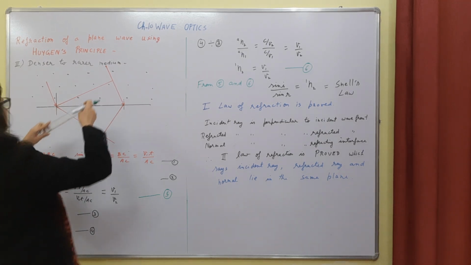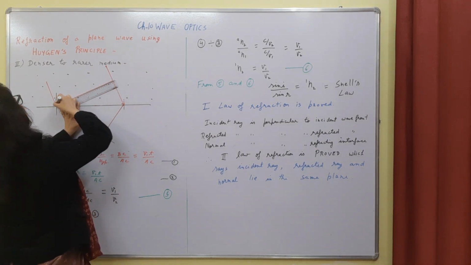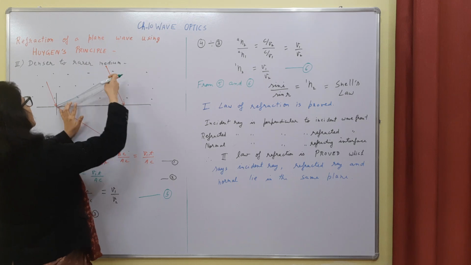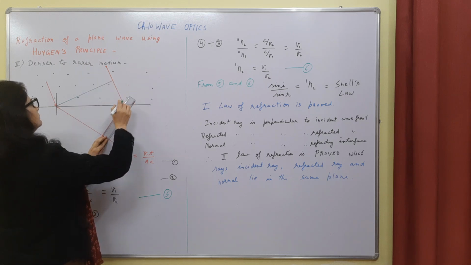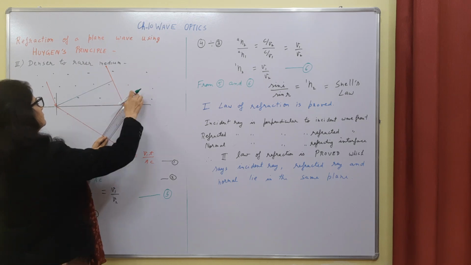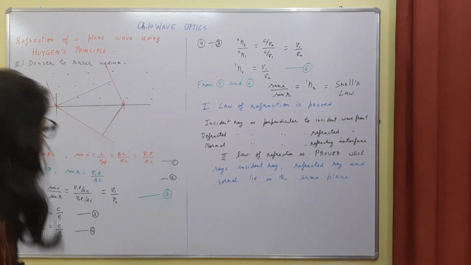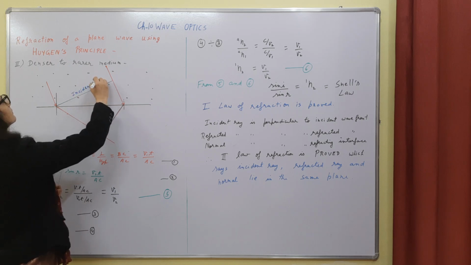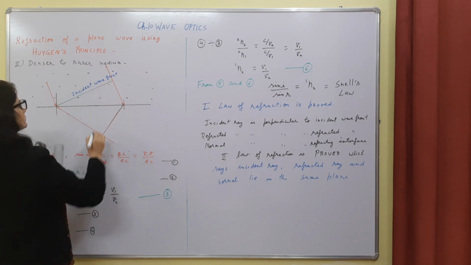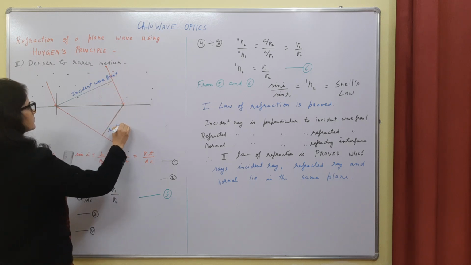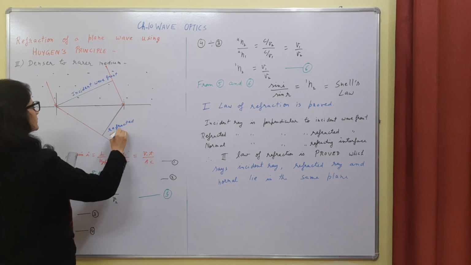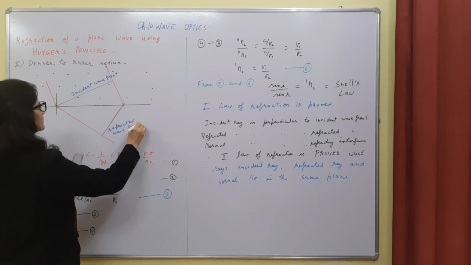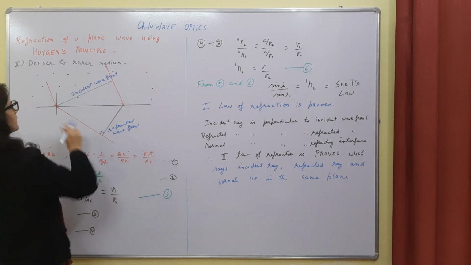So this is our incident wavefront, and this is our refracted wavefront. This is normal to the refracted ray.